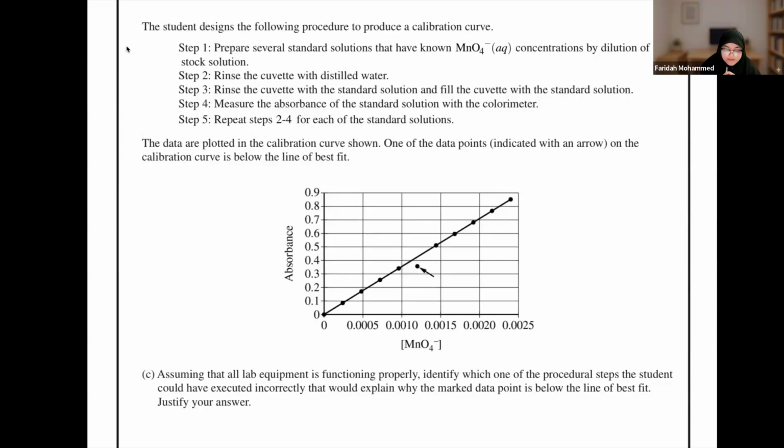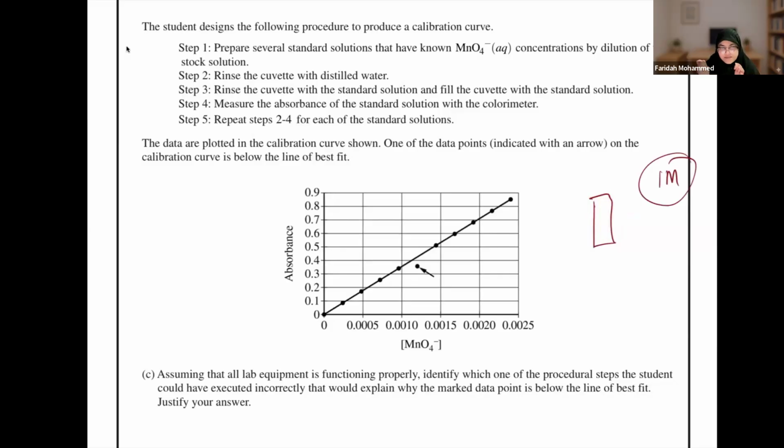It's still fine, because the teacher would assume you know it's rinsing. But let's see what actually happened here. This is the cuvette, right? You want to put the solution here with a specific concentration. Let's say the concentration is 1 molar. Before you do that, you have to wash it, right? So you wash with distilled water, and then you dry it. But there's still a possibility that there are very tiny water droplets.